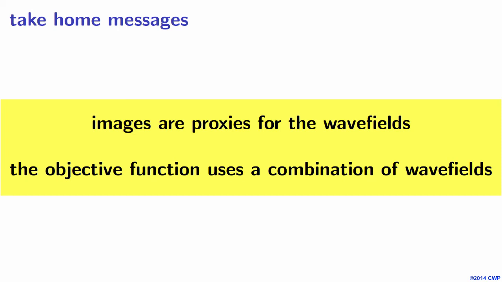Otherwise, we are operating with the same framework, same wave fields, same underlying theory. And methods that are, say, image domain are not less full wave field than methods that operate in the data domain, because they all work with the same wave fields. That's the first lesson that I would like to leave with you.